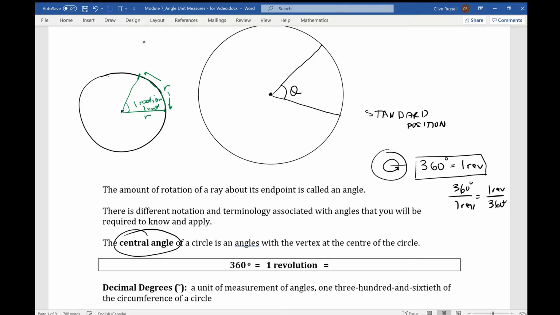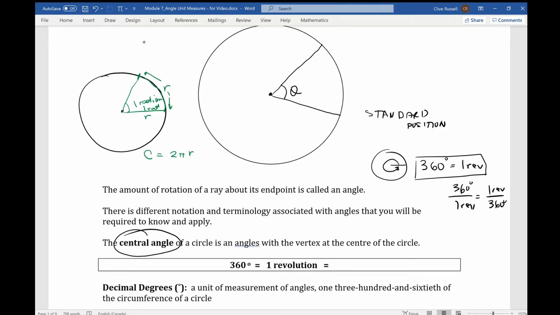So that's 1 radian. So the question then is, how many radians are there in 360 degrees? Well, we know that the circumference of a circle is 2 pi r.